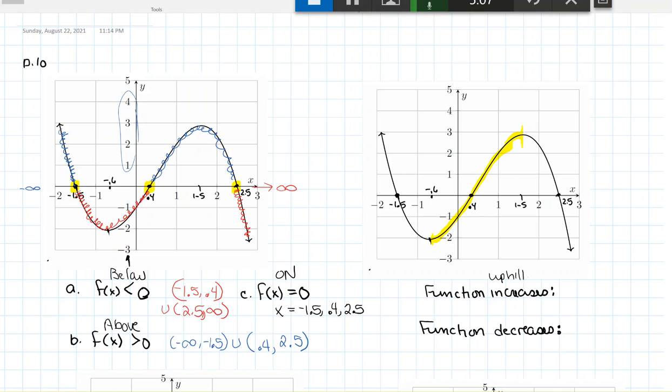So the question is, what is that interval that I start here? You can make a little dashed line straight down, and I stop here.